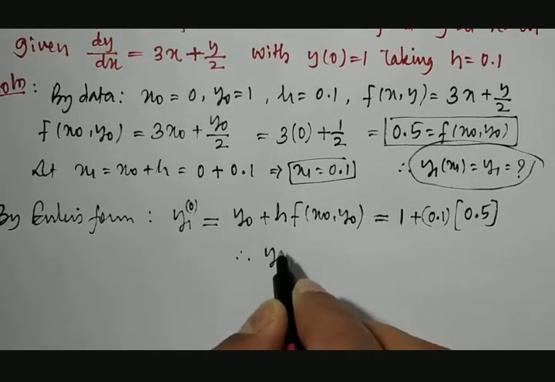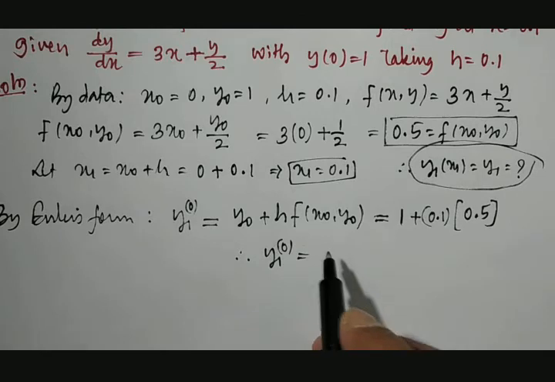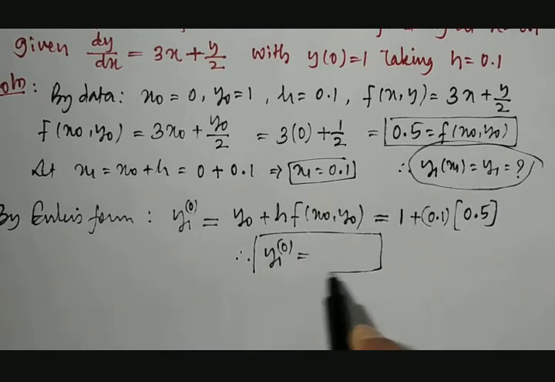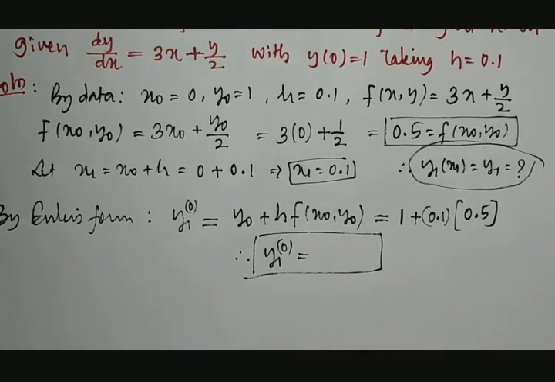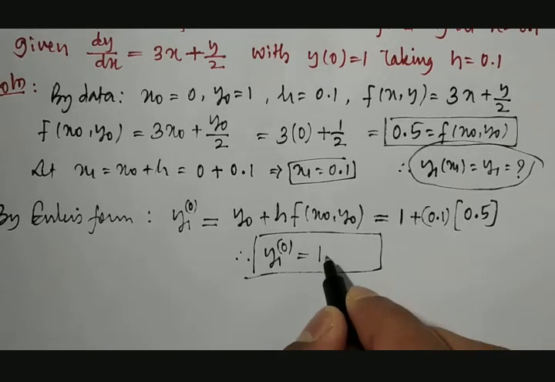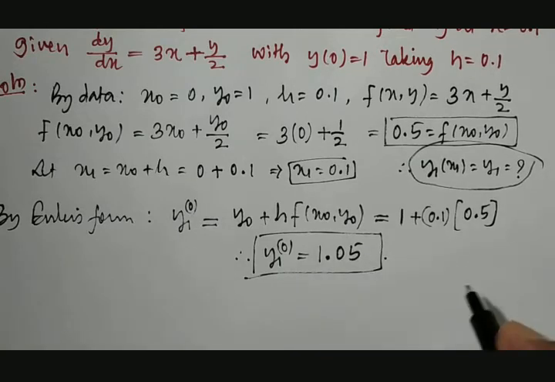Therefore, the initial approximation to y1 is equal to 0.5 into 0.1, which is 0.05, plus 1, that is 1.05. This is called the predicted value by Euler's.